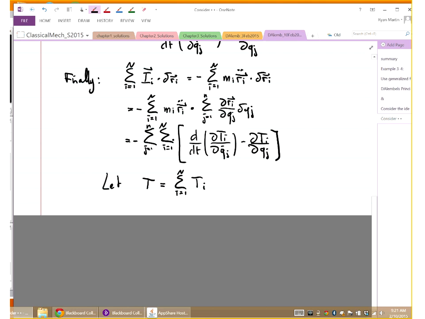Alright, so if I bring in the sum over i up to uppercase N, it can go right through the derivatives and end up as a sum over the Ti's. And so I'm going to introduce capital T as a sum over Ti's. So that's the sum of the kinetic energies of all the particles. So it's the total kinetic energy of the system.